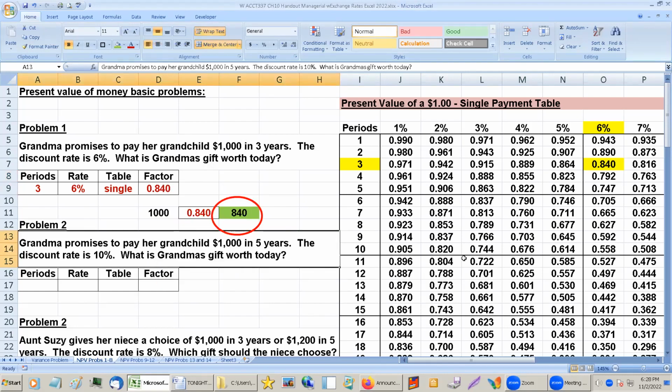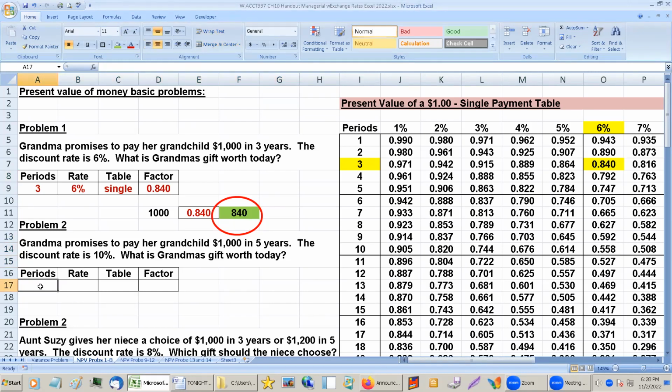Okay. Grandma decides to pay her grandchild $1,000 in 5 years. The rate is 10%. The table is single.